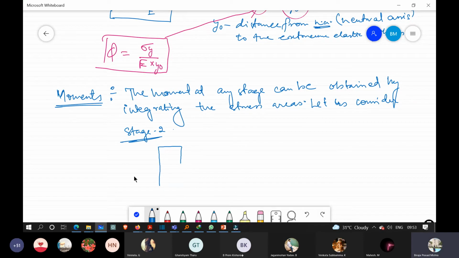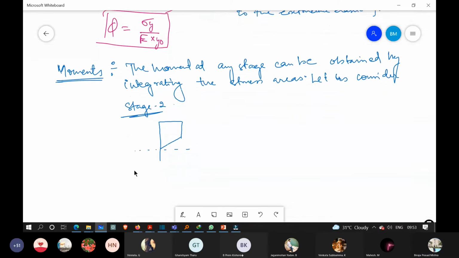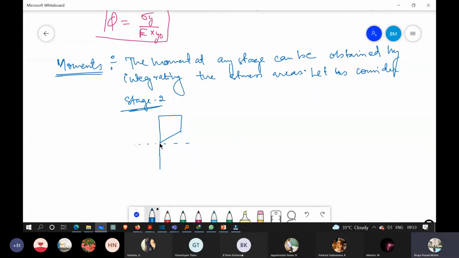This is the neutral axis. This is sigma y.